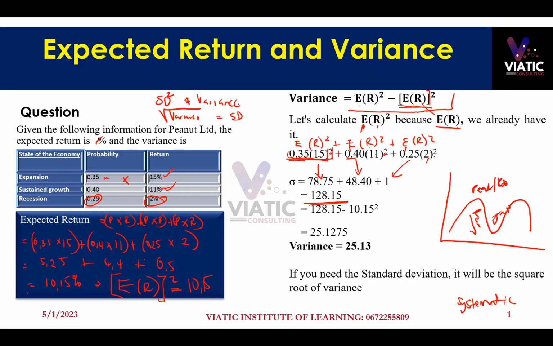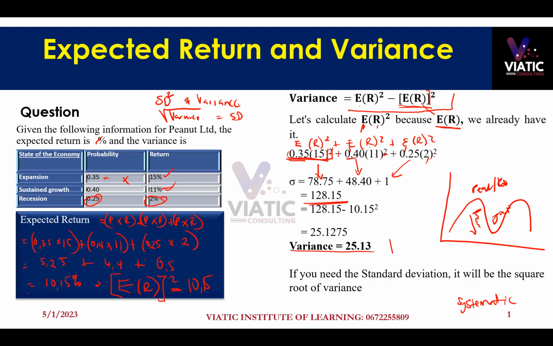I just say 128.15 minus 10.15 squared, but you can just go through the long method so that you understand if you are having any challenges. But if you say 128.15 minus 10.15 squared, we are going to get 25.1275. Then this becomes our variance, 25.13.